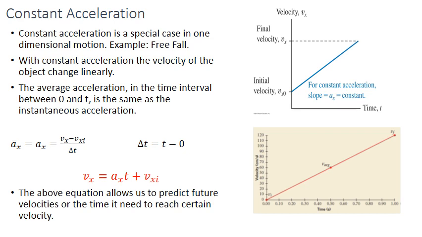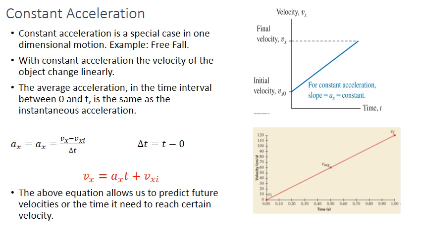And it's going to be equal to vx, which is the final velocity, minus vx initial, which is the initial velocity. We're calling it either vx initial or vx0. Over delta t. What we did is we chose that the initial time is 0, so we're starting our experiment at time equal to 0.